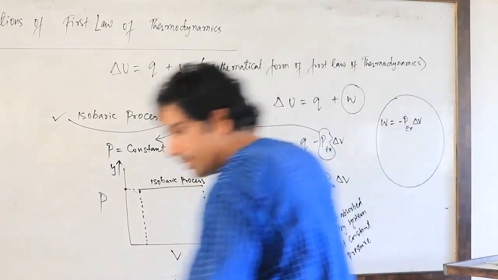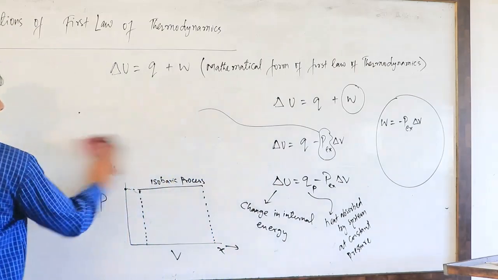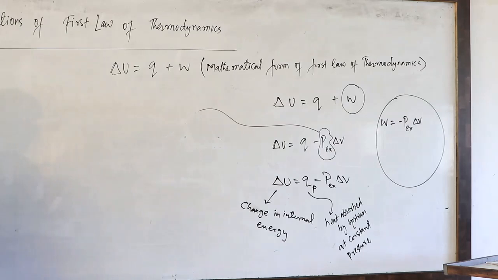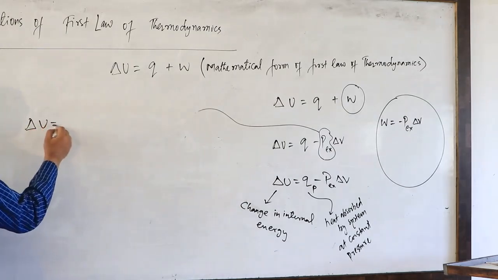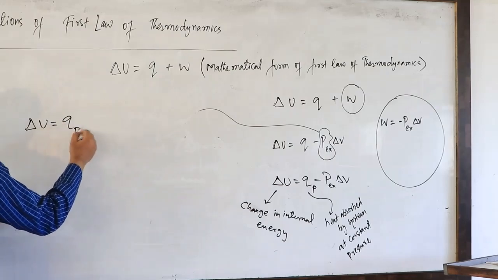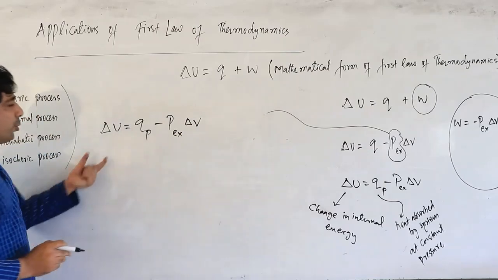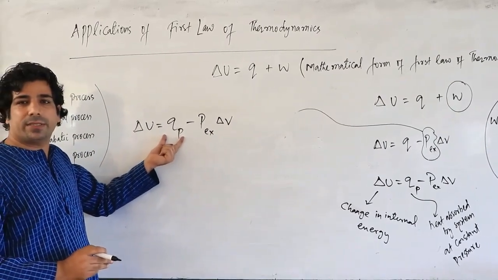So my dear friends, have a look there. Delta U is equal to Q_P minus P external delta V. I told you that the change in internal energy is due to heat absorbed by the system at constant pressure.